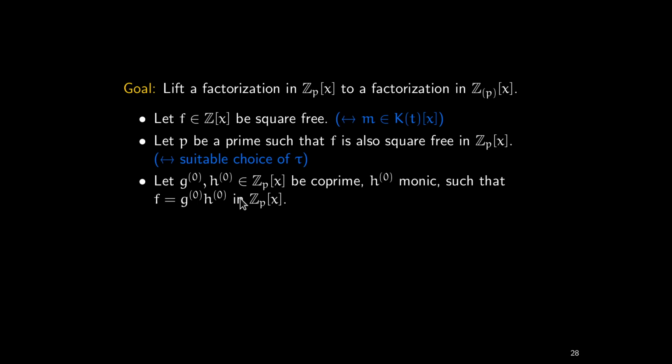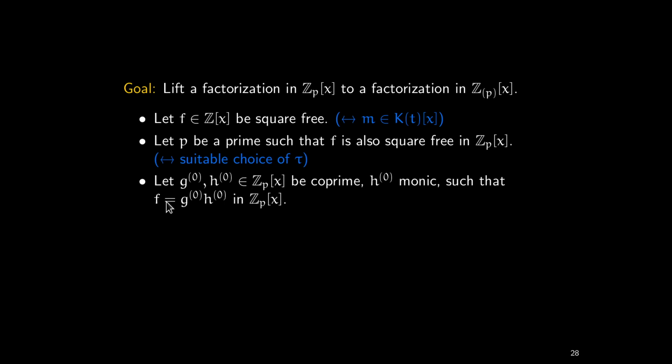Okay, and now I assume that I have a proper factorization of f, but it's a factorization that is only valid mod p. So I assume I have two polynomials, g0 and h0, and I view them as polynomials whose coefficients are in this finite field, and I want them to be coprime. And I can also assume that one of them is monic, because if not, then I move the coefficient to the other one.